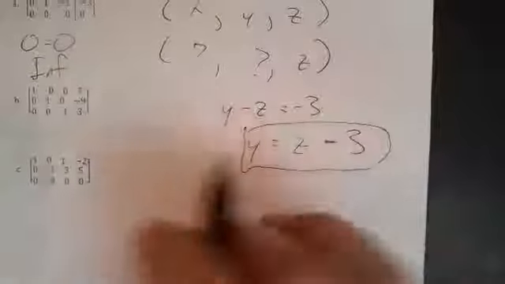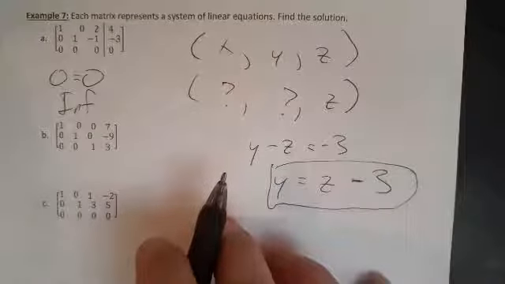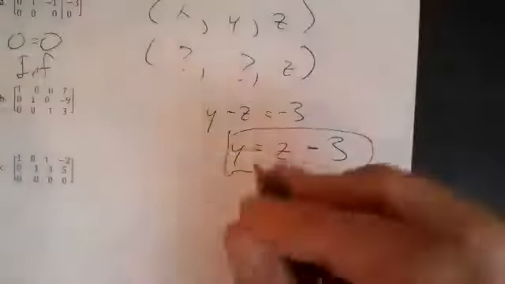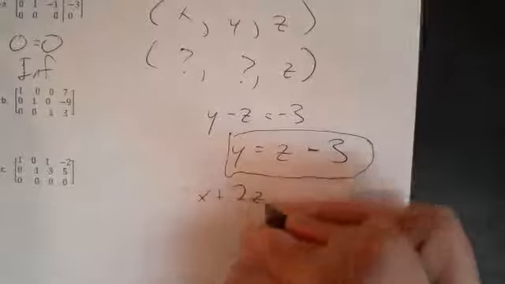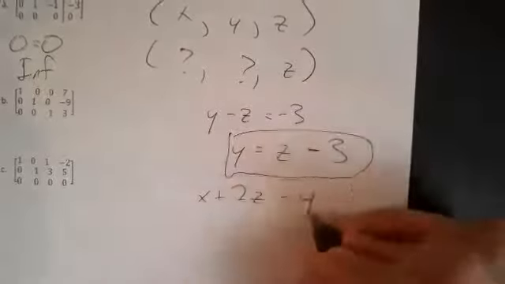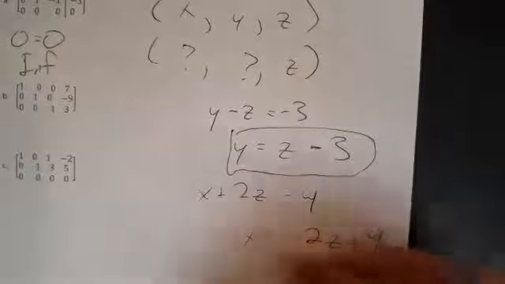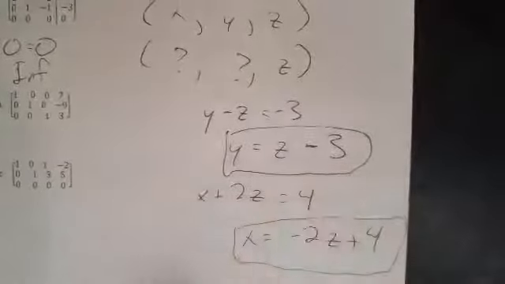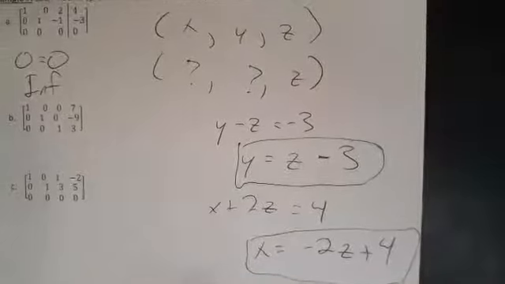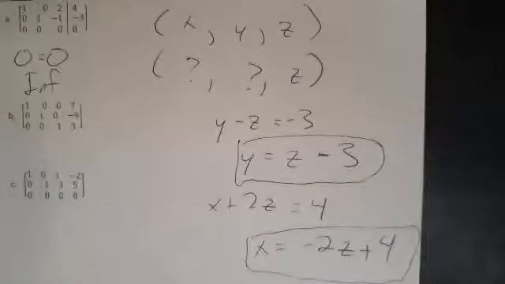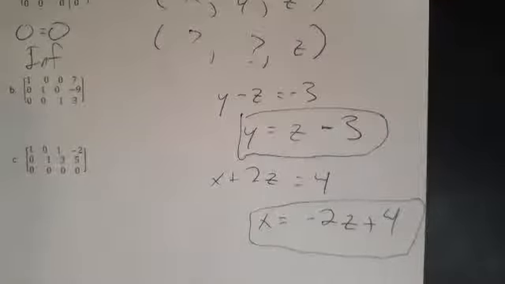I need to solve for x. My x equation looks like x plus 2z equals 4, so x is negative 2z plus 4. Now I want to piece this together as x, y, z.